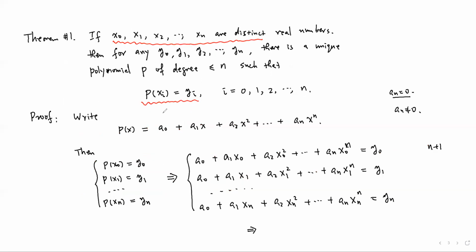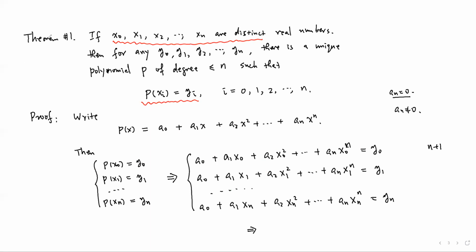So this theorem says that the interpolation polynomial of lowest degree is one and only one. Yeah, this theorem is about the existence of the interpolation polynomial.